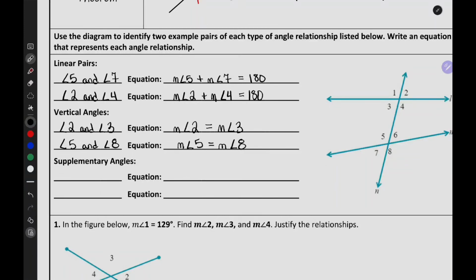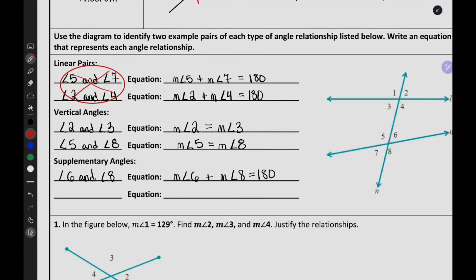Angle 6 and angle 8 form a line. So an equation I could write would be the measurement of angle 6 plus the measurement of angle 8 equals 180 degrees. I'm challenging you: don't just reuse this, that would be easy.